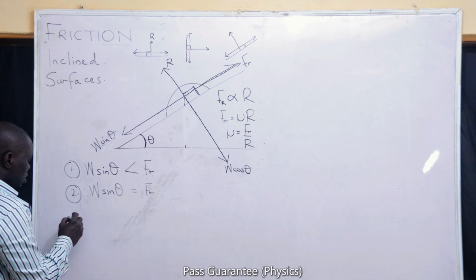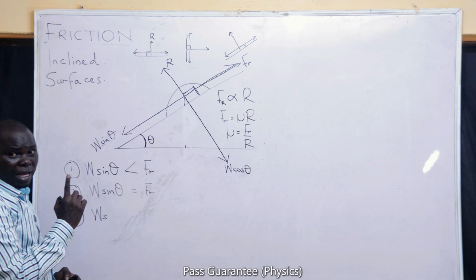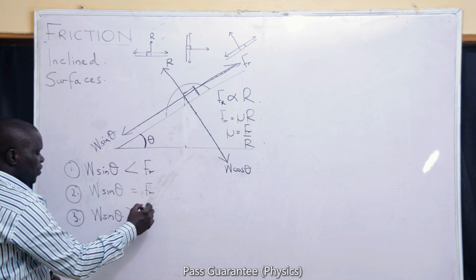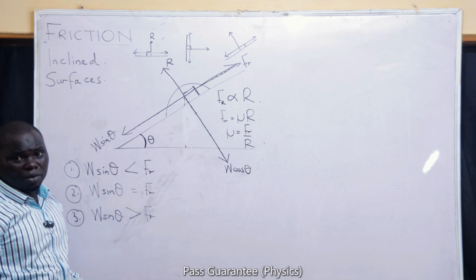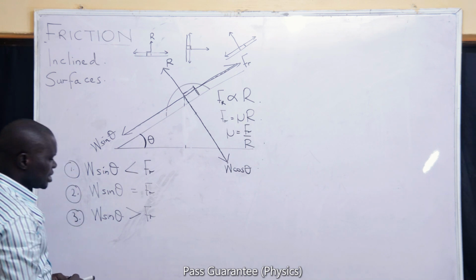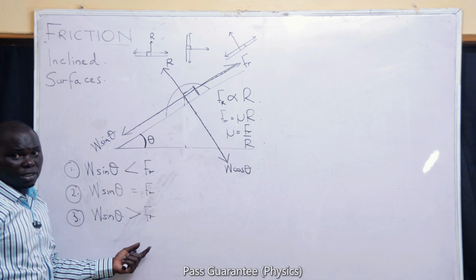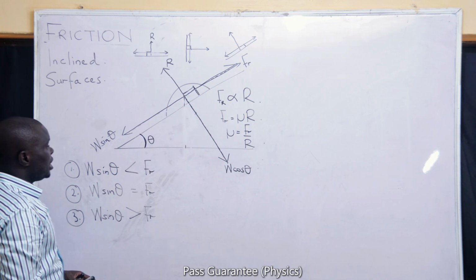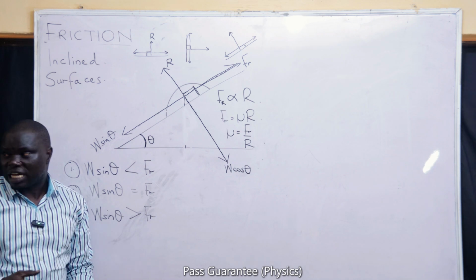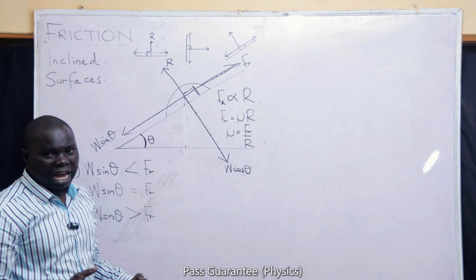Now, the third case. If W sin theta is greater than the friction, it simply means that the object will now move with an acceleration, because there's a resultant force available for acceleration.